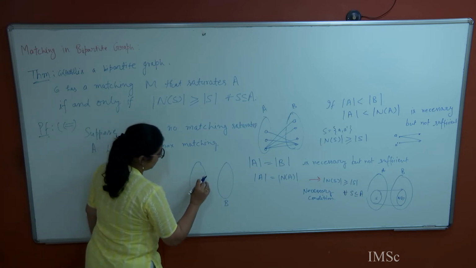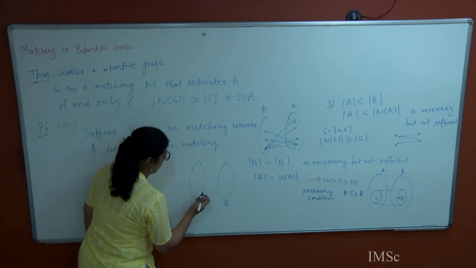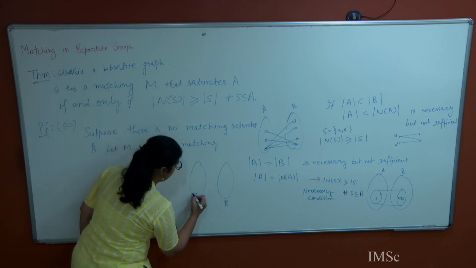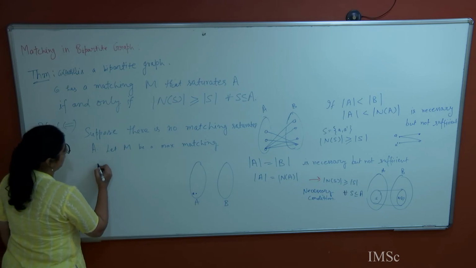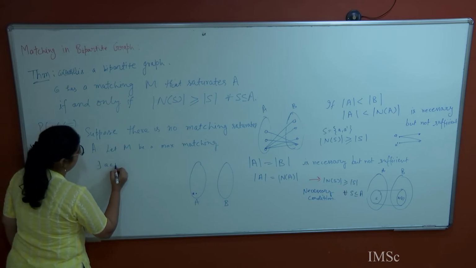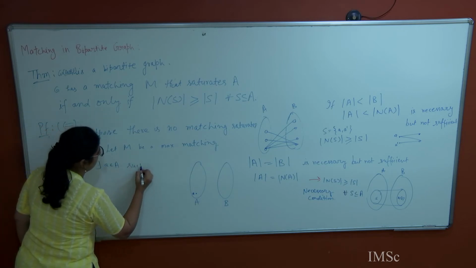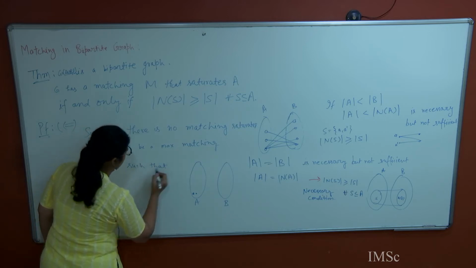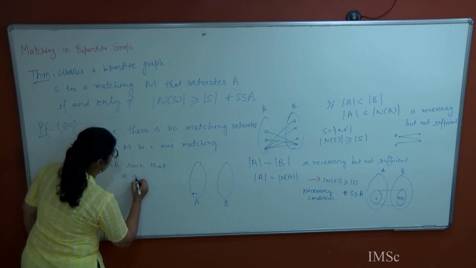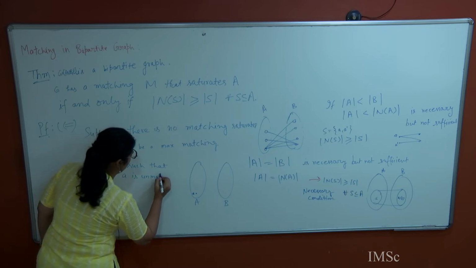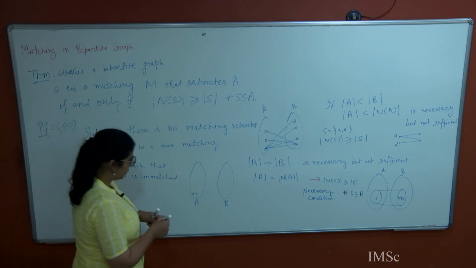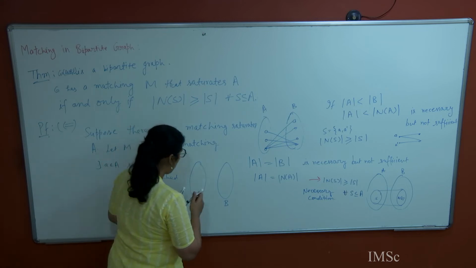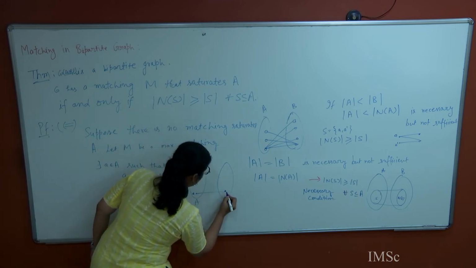I have a matching and it does not saturate the whole of A. That means there exists some vertex A in A such that A is unmatched. So this vertex A is unmatched, but it has some neighbors, right?